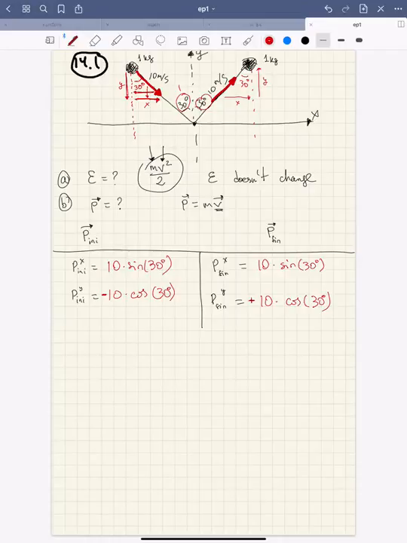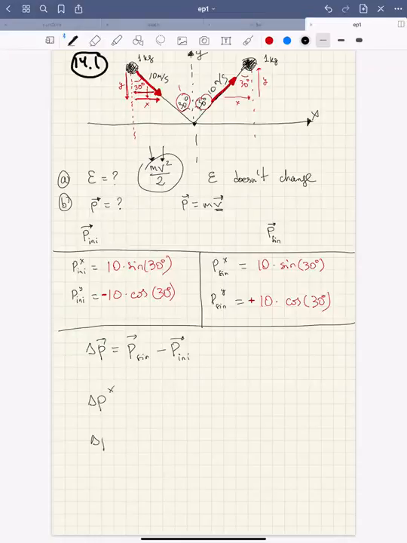Okay, so we're done with the initial momentum and the final momentum, and now the change in momentum is momentum final minus momentum initial. And if you look at these expressions, you will see that in the x direction my momentum didn't really change.